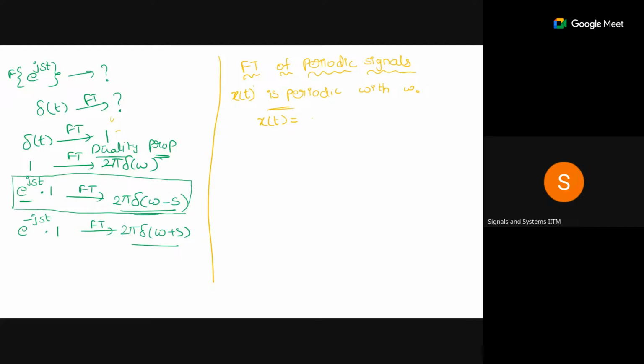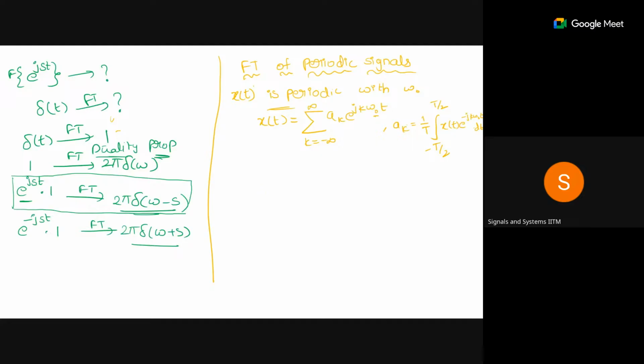Can anyone tell me the formula? Summation k equal to minus infinity to infinity a k e to the power j k omega naught t. And what is a k? The Fourier coefficient: 1 by T, integration from minus T by 2 to T by 2 of x of t e to the power minus j k omega naught t dt. Correct. Good.